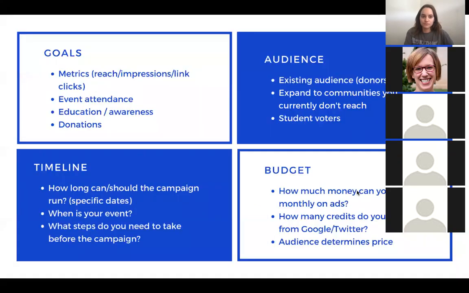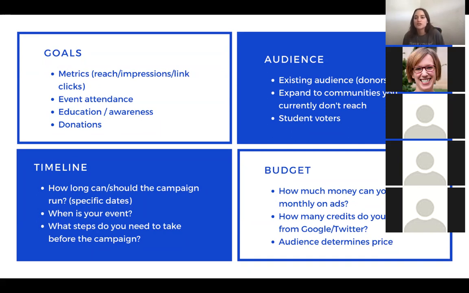So when you're determining which platforms you want to be running digital advertisements on, there are 4 different things that you need to think about. You need to think about your goals, your audience, your timeline, and your budget. So when you're thinking through your goals for digital advertising, you want to make sure that you're thinking about really concrete metrics.